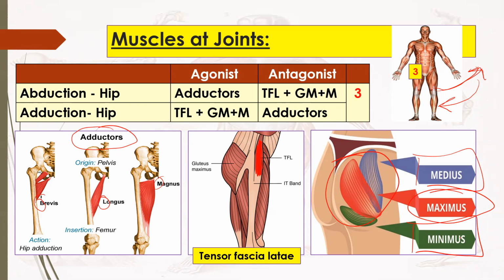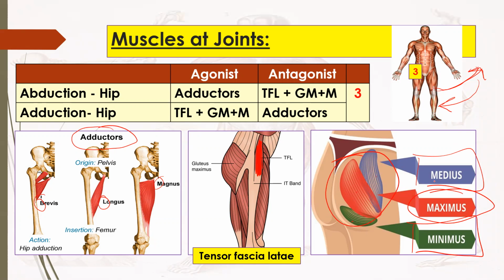What I strongly recommend, in addition to the table, is a little diagram. It doesn't have to be massively detailed, but something that shows where the adductors are, where the TFL is, and the breakdown of these three gluteal muscles, obviously labeling them. It's not an art lesson, but having these diagrams will help you remember them.